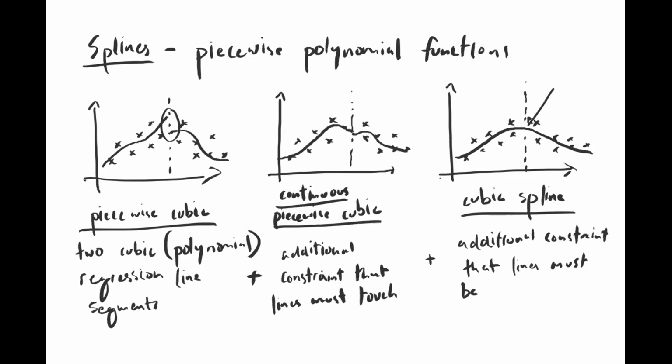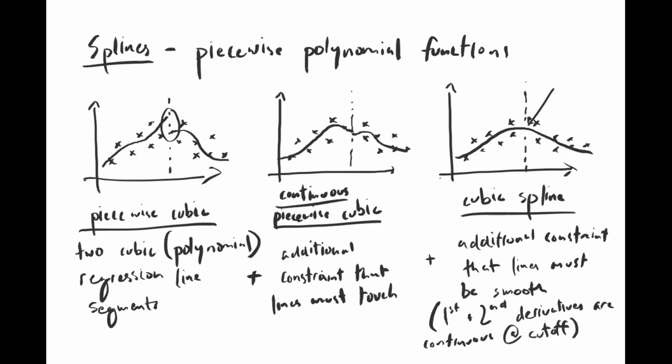So, an additional constraint that lines must be smooth. Okay, and so what does that mean? Technically it's when the first and second derivatives are continuous at cutoff.